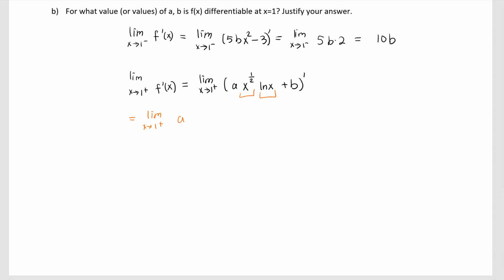So a stays here. Then the derivative of the first guy times the second guy plus the first guy times the derivative of the second guy. Well, the derivative of b is just 0.